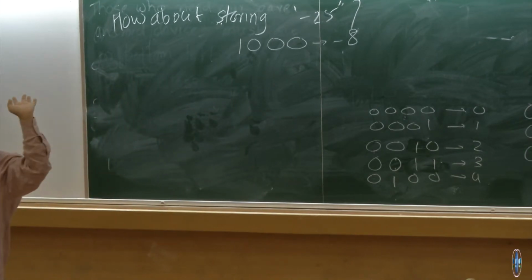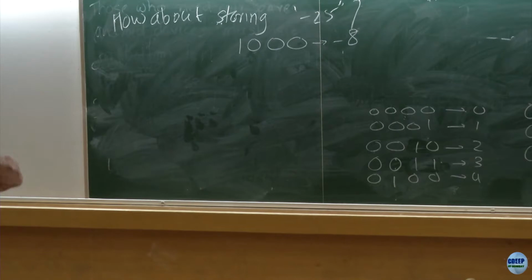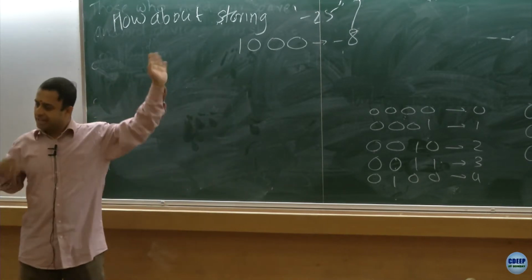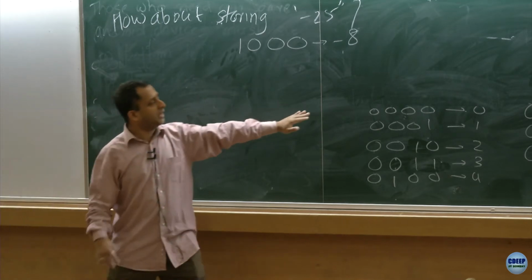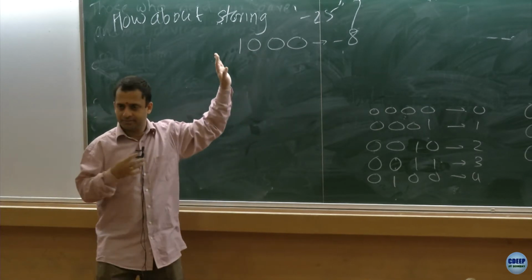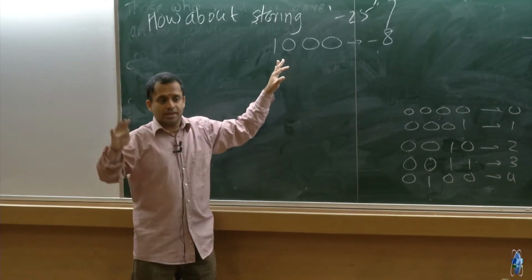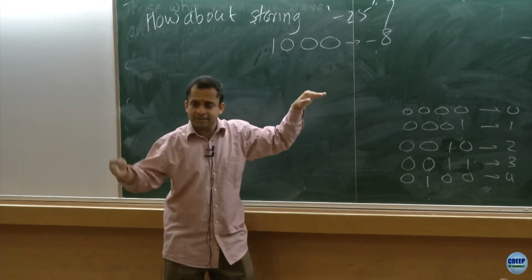And then from there on I will increase. So this is anyway supposed to be negative, but instead of making it minus 0, I'll call it minus 8. Then I'll keep increasing the other values, and minus 8 will become minus 7, minus 6 and so on.